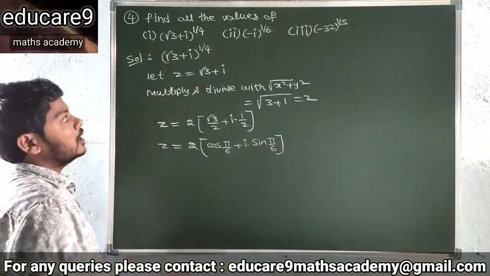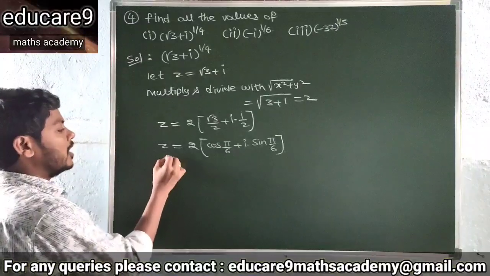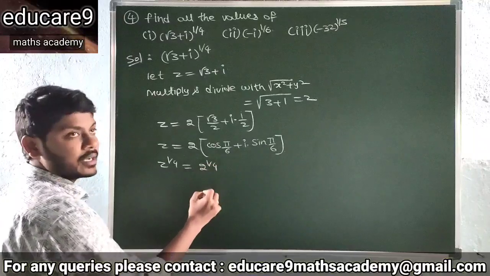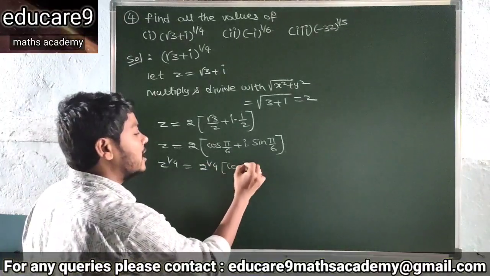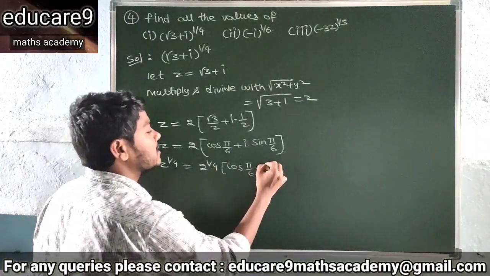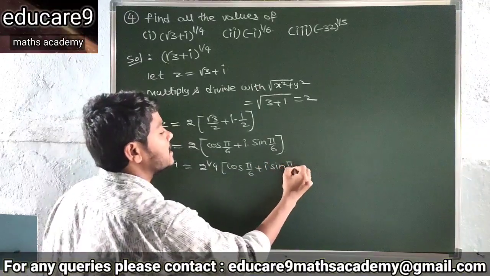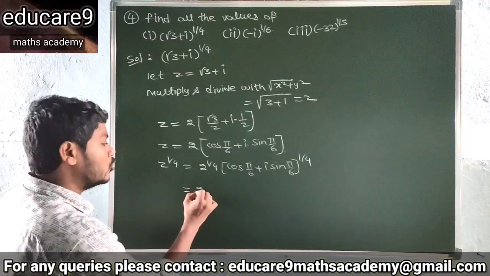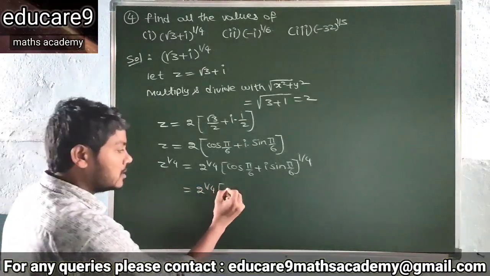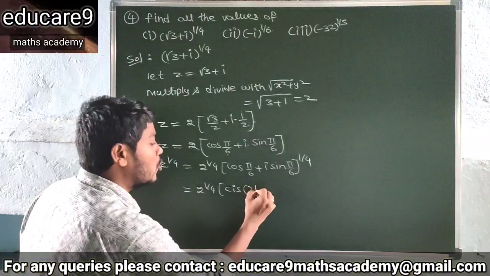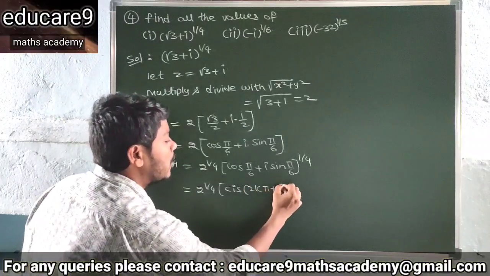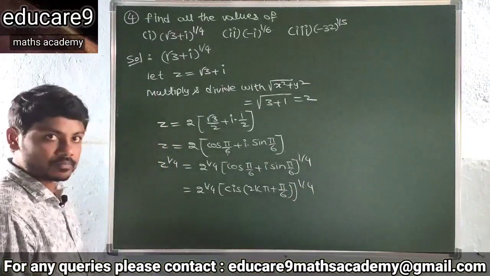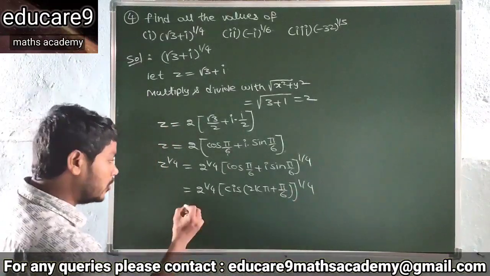Okay. Now z power 1 by 4. So how to write 2 power 1 by 4 into (cos pi by 6 plus i sin pi by 6) whole to the power of 1 by 4. So here this can be written as 2 power 1 by 4 cis of (2k pi plus pi by 6) whole to the power of 1 by 4. Now here you have to apply De Moivre's theorem.